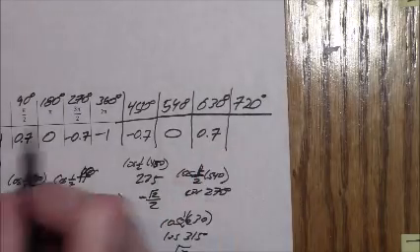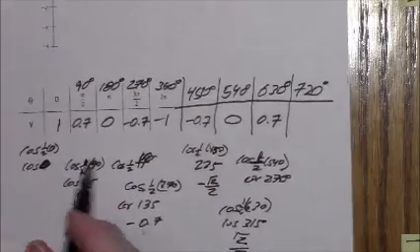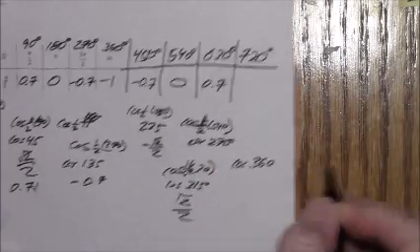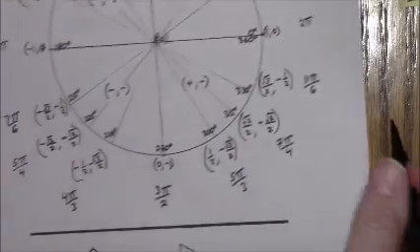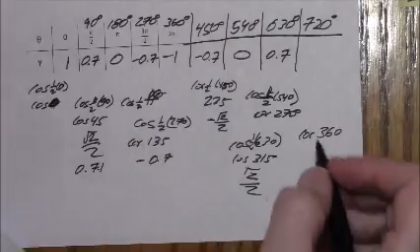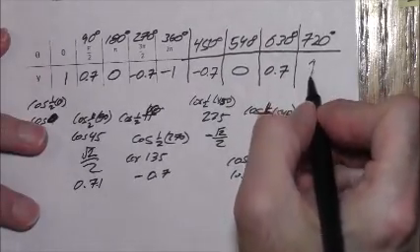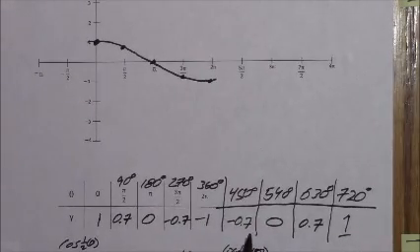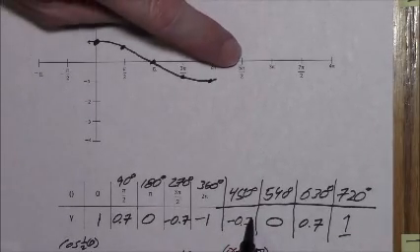I'm guessing that 720 will be back to where 1 is, but we can do it. Cosine 1/2 of 720 is 360, and the cosine at 360 is indeed 1.